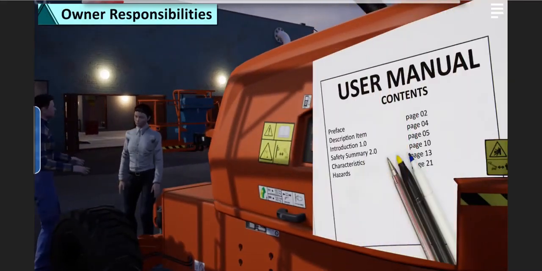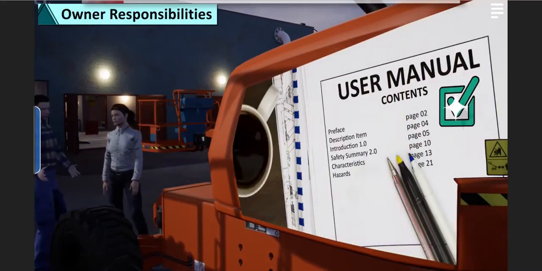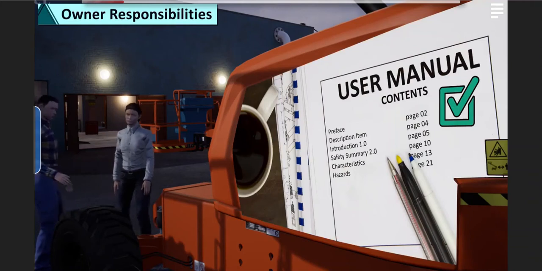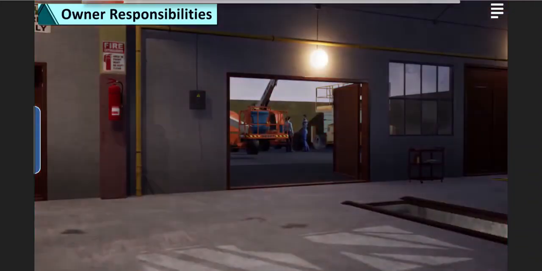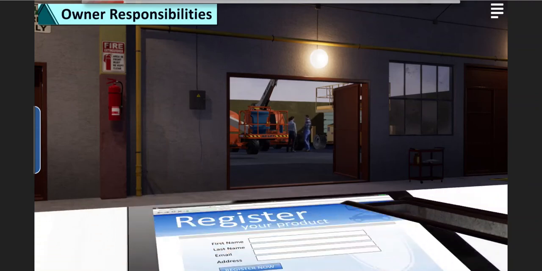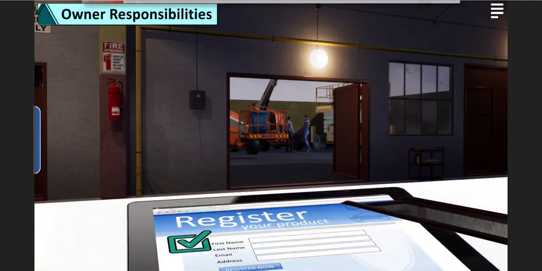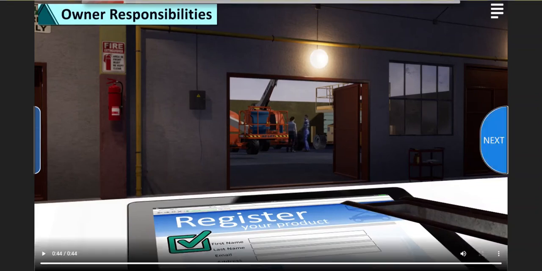The owner must ensure they have all proper safety documentation for the MEWP, including manuals and safety bulletins. Finally, the owner must ensure that the MEWP is registered with the manufacturer and must be able to receive any safety-related bulletins the manufacturer sends out related to the MEWP.